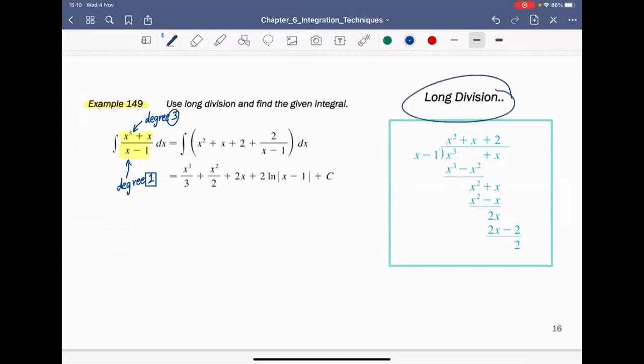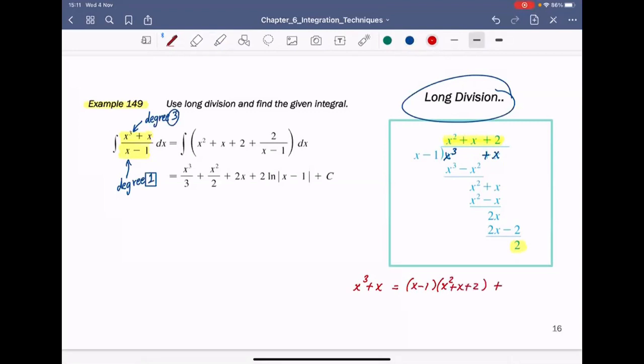So I have x cubed plus x, divided by x minus 1. So you get x squared plus x plus 2, and the remainder is going to be just 2. So if I have x cubed plus x and my divisor is x minus 1, my result is going to be x squared plus x plus 2, right?